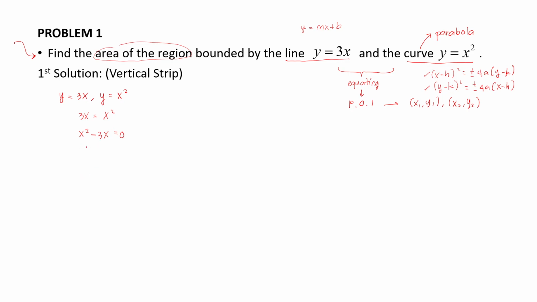Getting the roots of x, factoring out x gives us x times x minus 3 equals 0. So the x values would be x equals 0 and x equals 3.